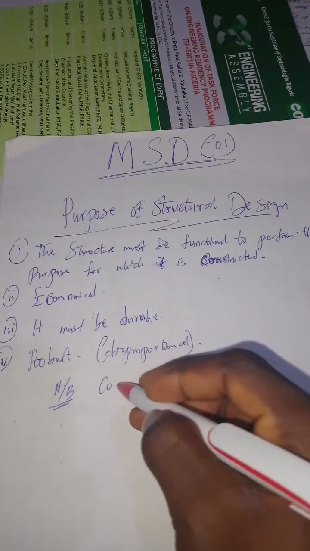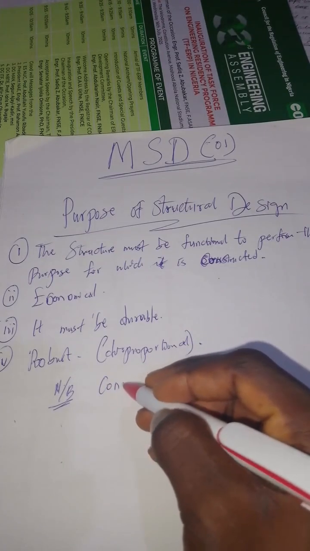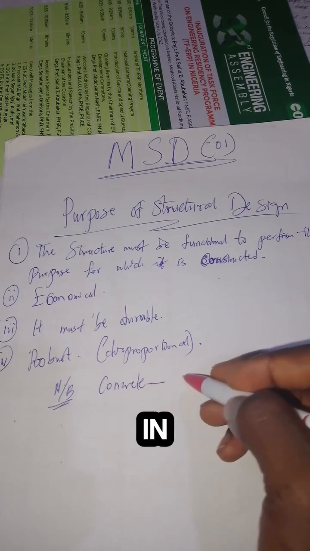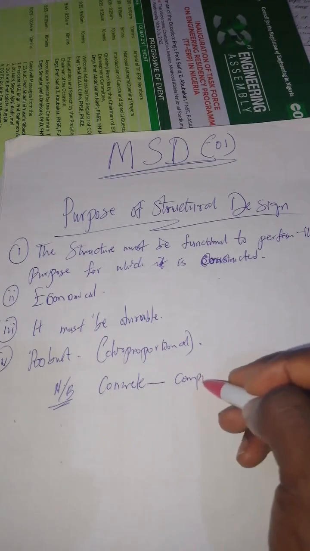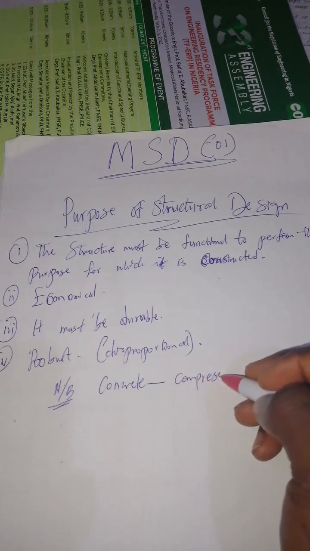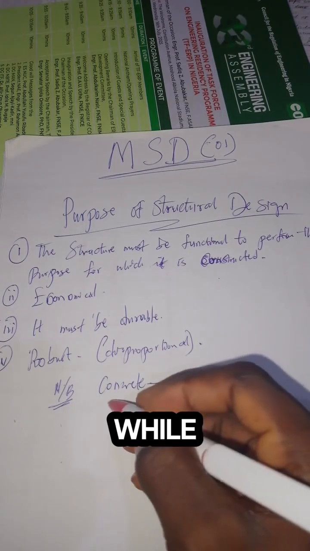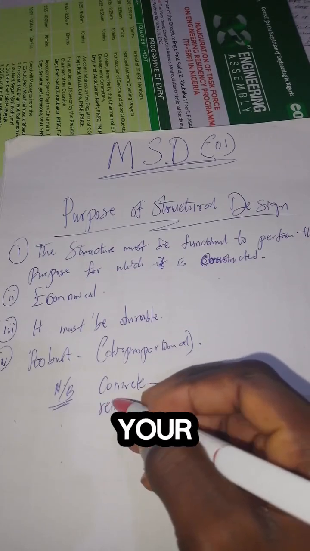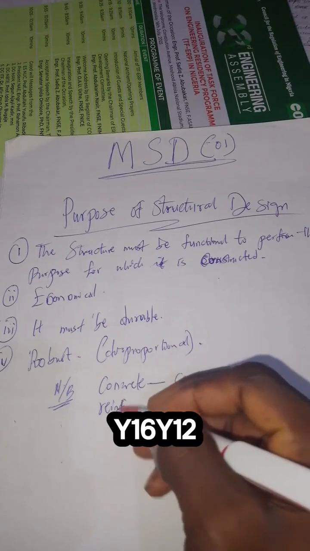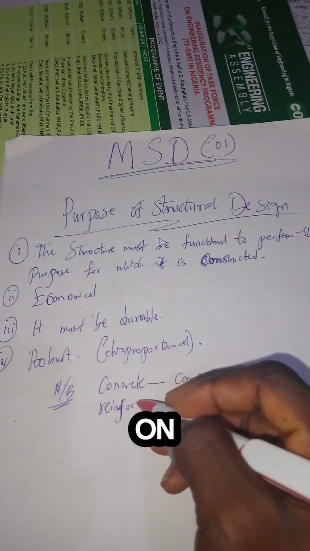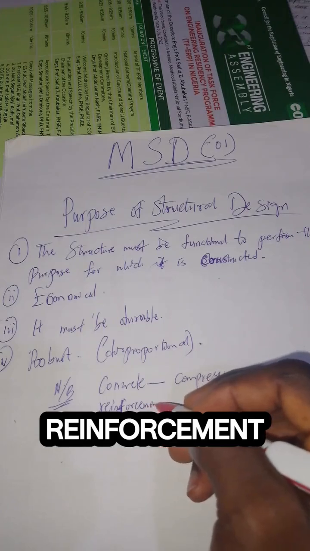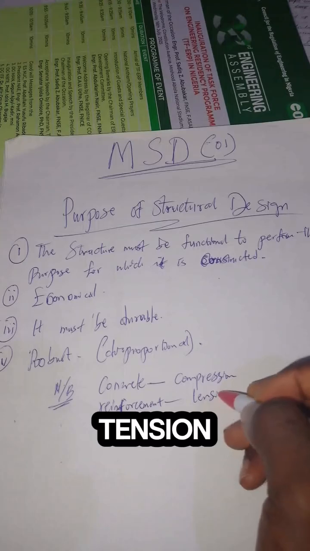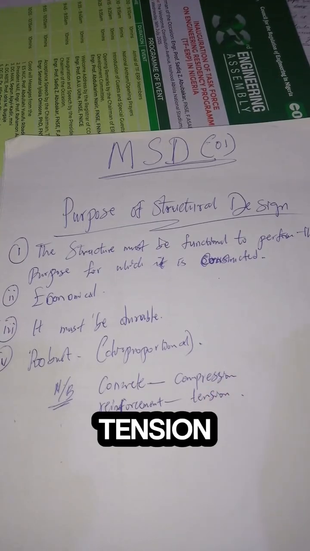So concrete is good in compression, while reinforcement, your Y16, Y12 and so on, is good in resisting tension, tensile stress and all.